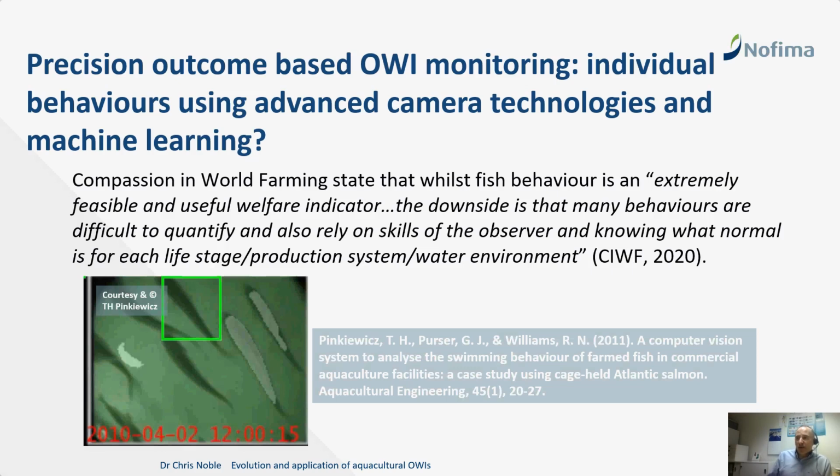Compassion in World Farming, in a report this year, stated that fish behavior is an extremely feasible and useful welfare indicator, but it's difficult to quantify and relies on the skills of the observer and knowing what is normal and what is correct for each life stage, production system and water environment.